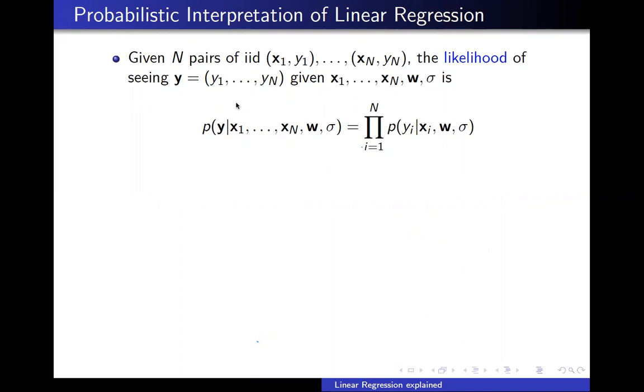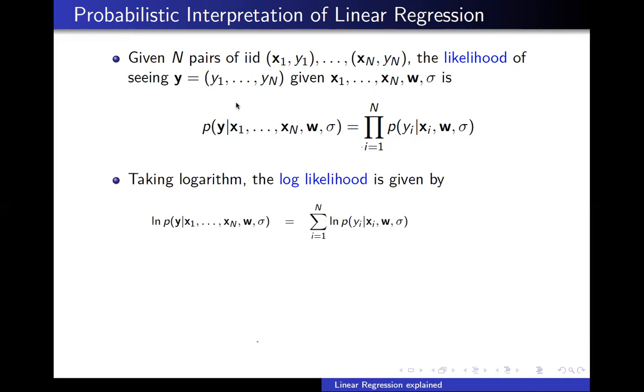Then we can write this joint distribution as a product of individual distributions, because we have assumed that all these input-output pairs are IID. So the joint distribution we can simply factor as a product of individual probability densities because of the independence assumption.